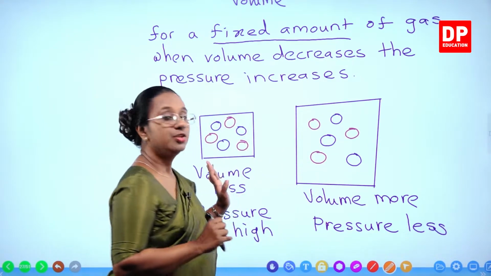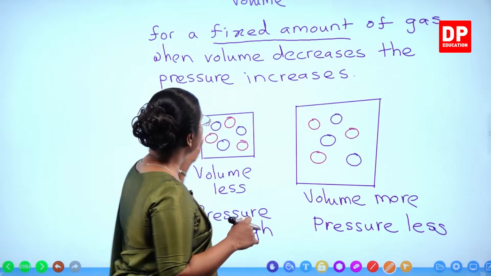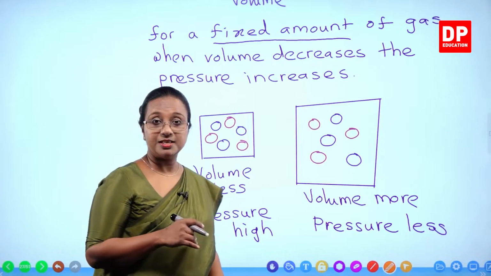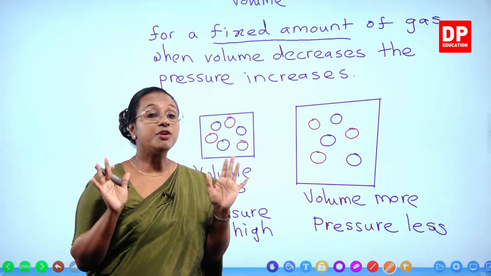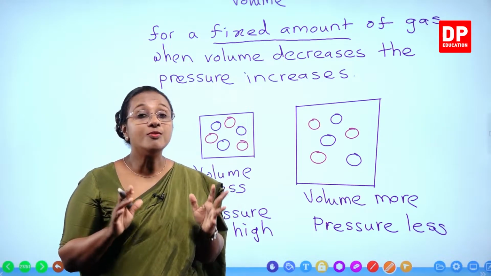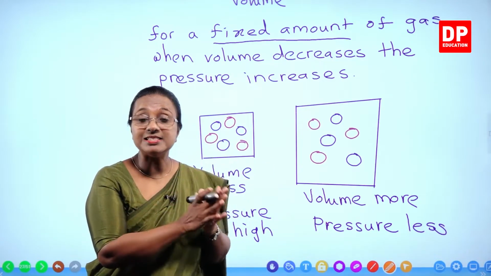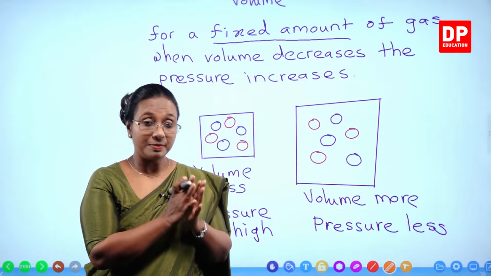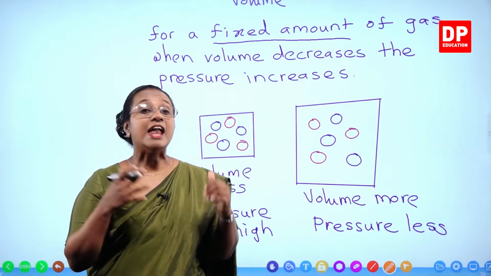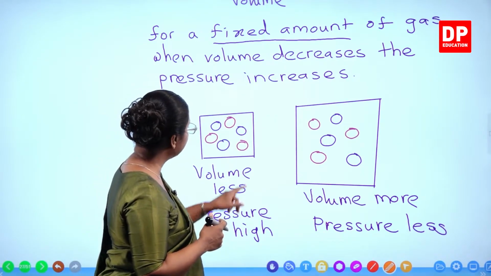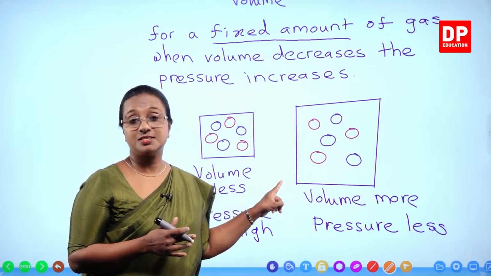The same here. If there are 2 reactants in the gaseous state, then of course when the volume decreases, the pressure increases. And you can see that this is a small space. Now you all know gas particles always move randomly. They are free particles, there is very little interaction between the particles of gases, and therefore they move randomly. When they move randomly within a small volume, what will happen to the number of collisions?